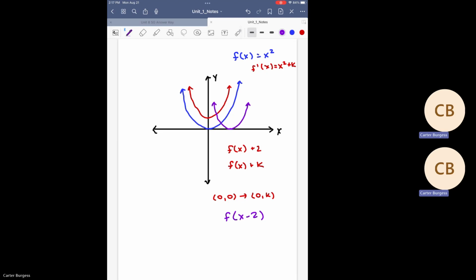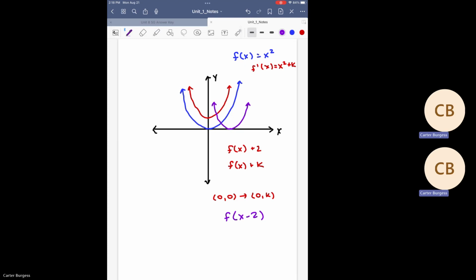If I want to know what's going on at f of 10, what do I need to plug in? Well, what have I done to fight against the fact that each of my inputs is getting reduced by 2? I've had to add 2 to all of my inputs. That is my shift to the right. I'm shifting to the right to balance the fact that my function is dragging me to the left.